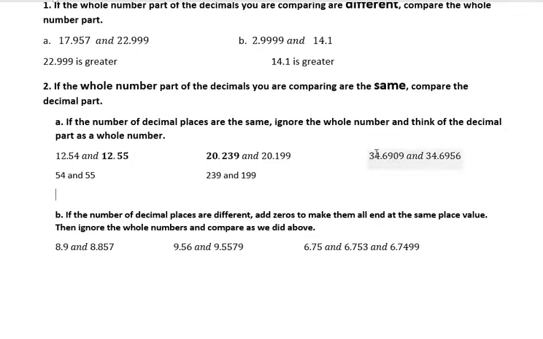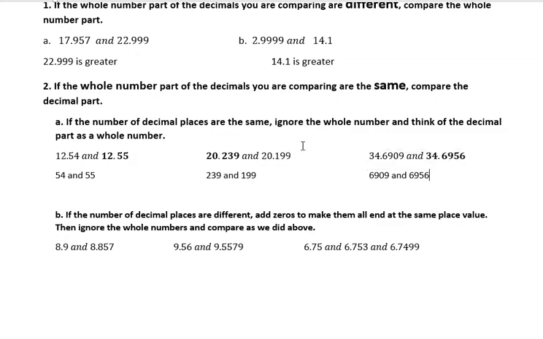And finally over here, my 34s are the same, so I am looking at the decimal parts, 6909 and 6956. So this is 6,909, this is 6,956. Well, 6,956 is greater than 6,909. So that means that this is the greater number.